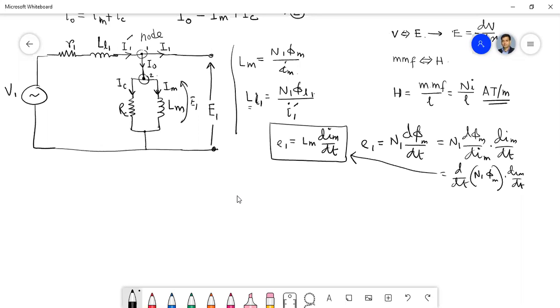For winding 1 or coil 1, small r1 represents the resistance of that, which you get by the formula rho L by A. Where L is the length of the coil and A is the cross-sectional area of the wire used for the coil. And rho is the resistivity of the material you have used for that winding. Generally copper.